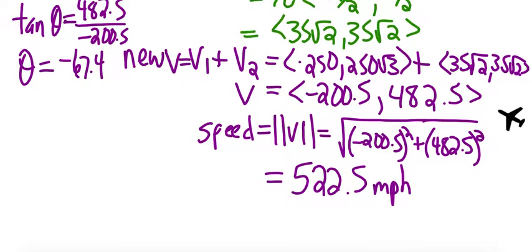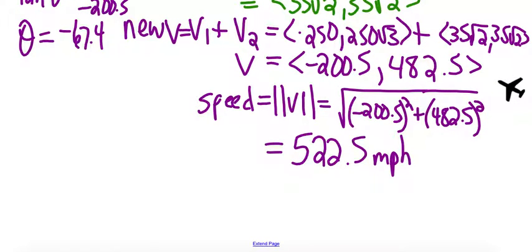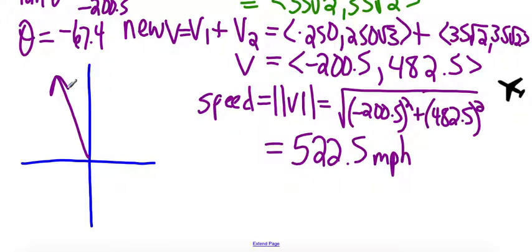So what did we say? 67.4. Let me draw this again so you can see a cleaner picture of what's happening. Okay, so we've got this new path that we're on, and this is 67.4 degrees measured from there. We are traveling in an airplane, so we need to measure from north all the way around in order to give our new direction, our new bearing.